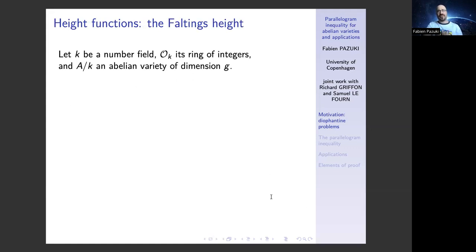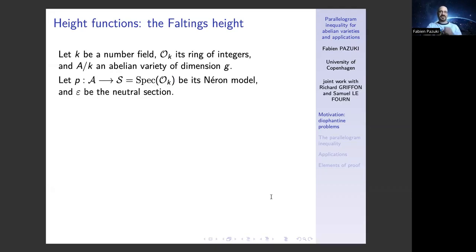If you start with a number field, you take its ring of integers. Then this abelian variety of dimension g admits a Néron model over the spectrum of O_K. And this Néron model has a neutral section because each fiber is a group. So this defines the section.